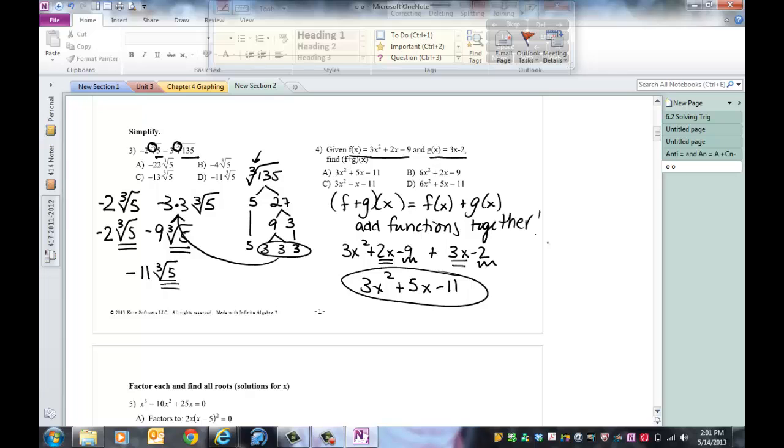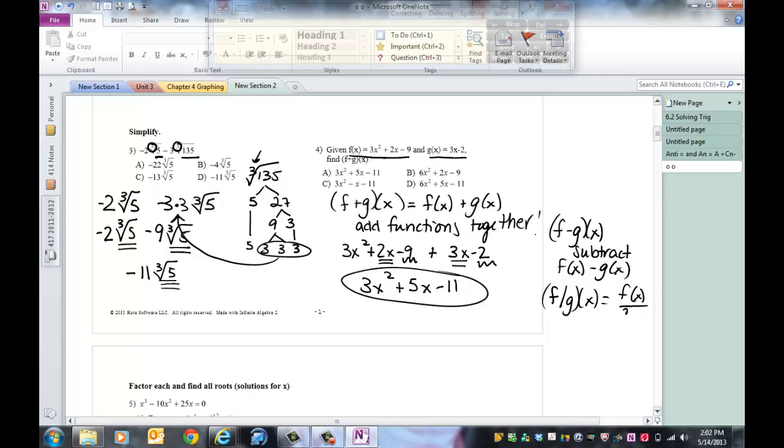If I asked you to do f minus g of x, I'm asking you to subtract the functions. If I did f over g of x, guess what? I'm asking you to take your f function and literally divide it by your g function.